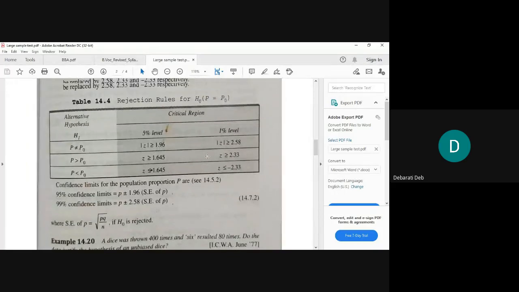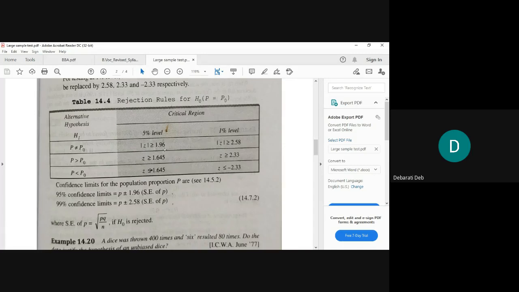This table, we are doing this first one, where we are assuming the null hypothesis as equals to and the alternative hypothesis as not equals to. First row we are doing, isn't it? P equals to P naught. So here, if this z, the calculated z, is greater or equals to 1.96, then we reject.